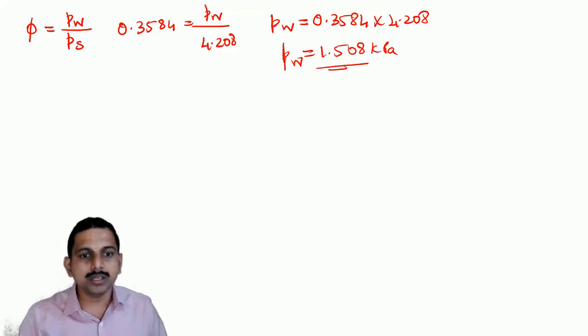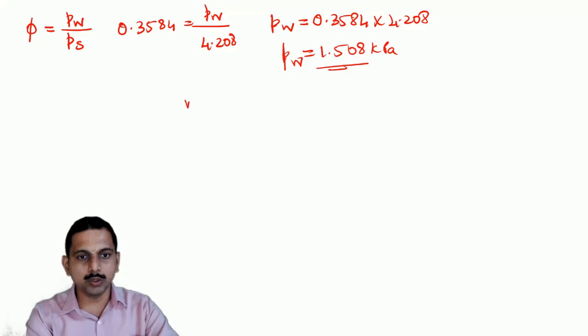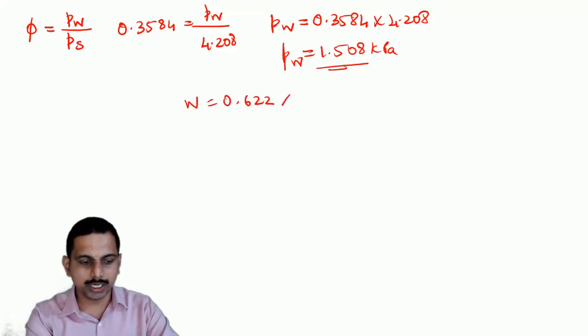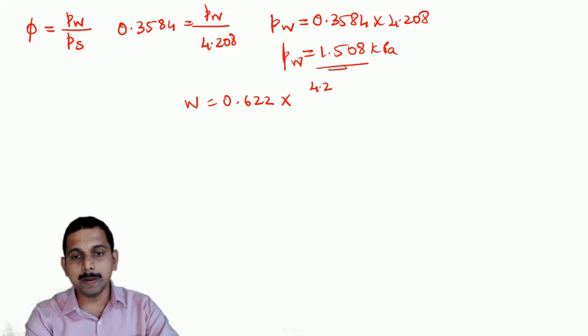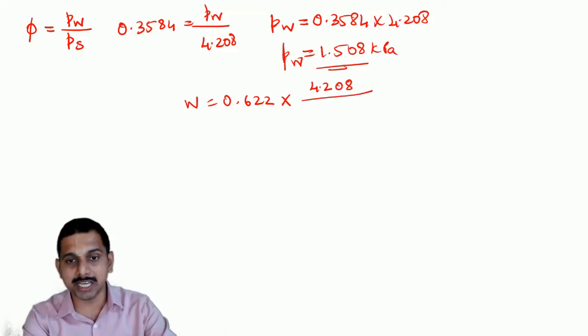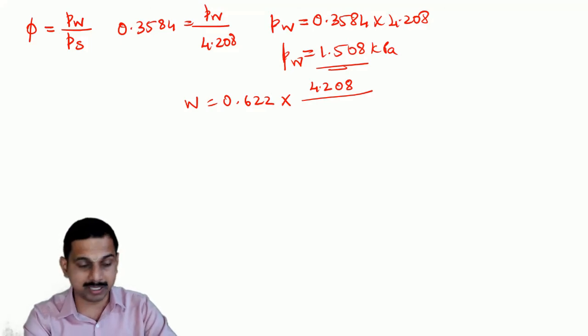So now W is equal to 0.622 into 4.208, which is the partial pressure. Because the temperature has not changed, it will remain the same.